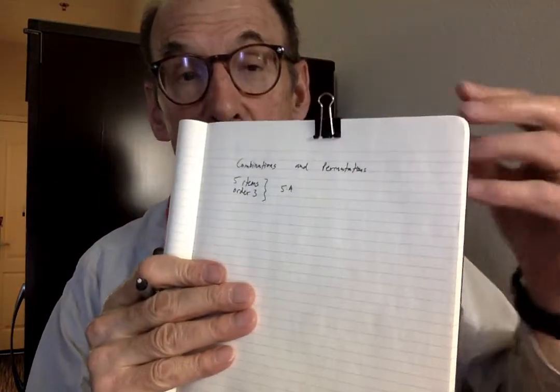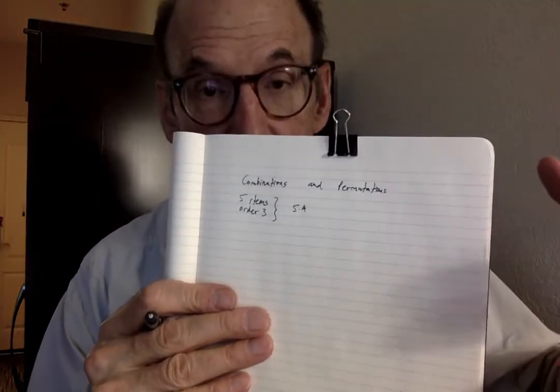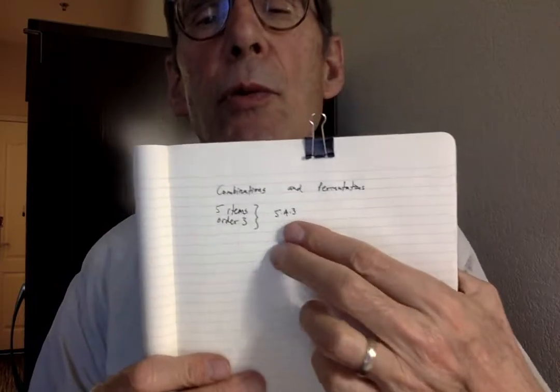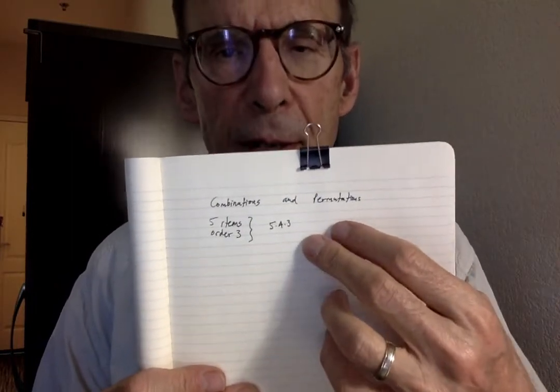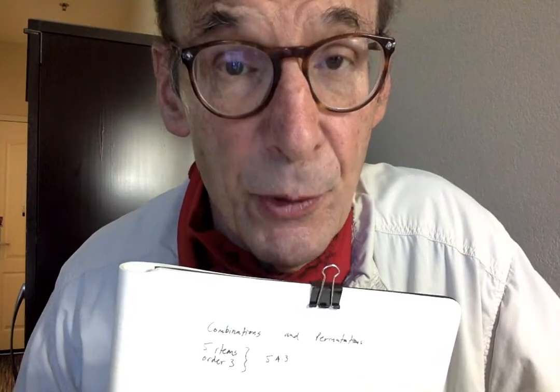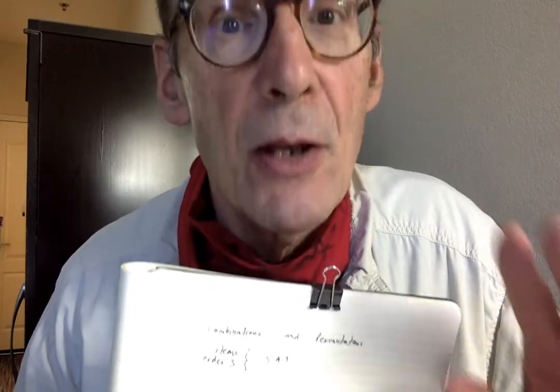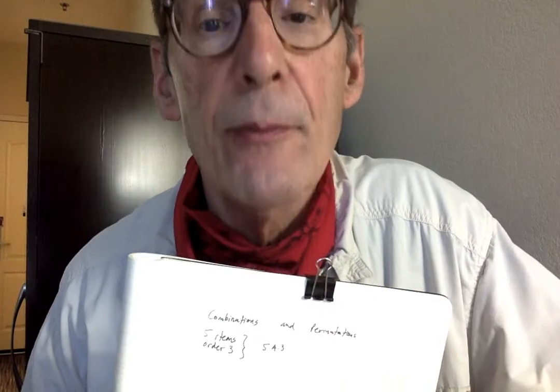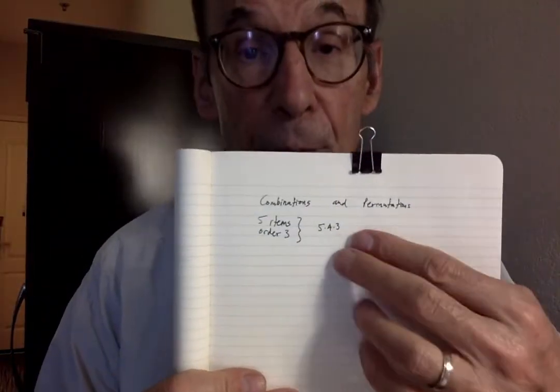And then let's say there are no duplications, so you're going to have 4 choices for the second one. You can have a burrito, and now there are only 4 choices left. And you have 3 choices for the third one. So it looks like crudely there's 5 times 4 times 3, which happens to equal 60, but you're going to lose the pattern if you multiply it out. Don't multiply it out. Anyway, 5 times 4 times 3.